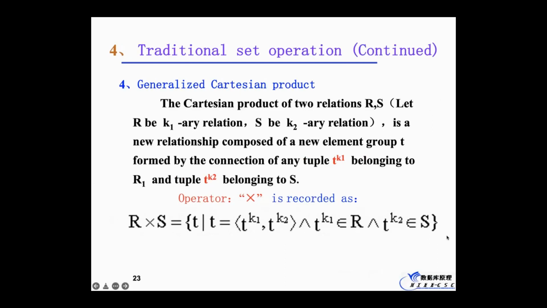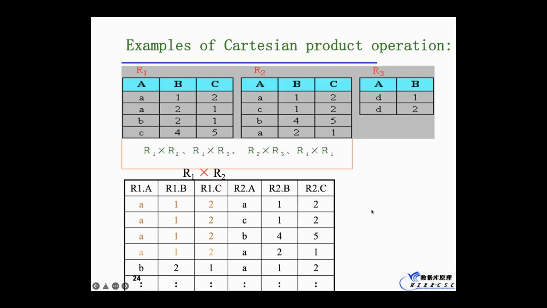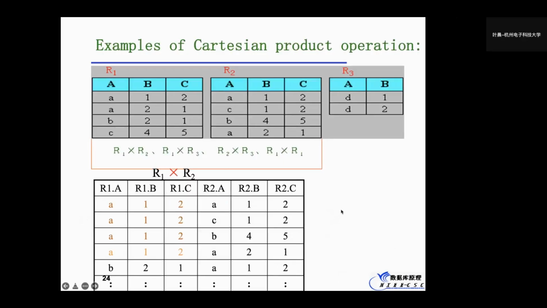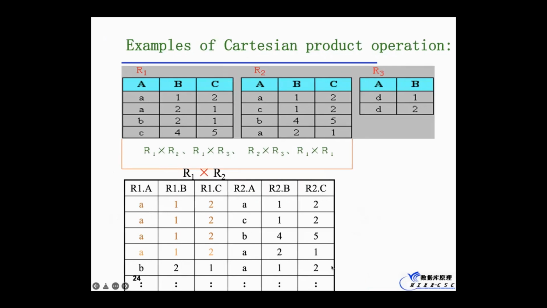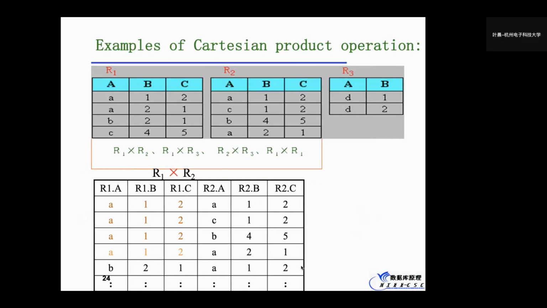So let's see an example. With these three tables, if we make the Cartesian product of R1 with R2, we get these answers. That means every tuple in R1, such as A1, 2, needs to be combined with every tuple in R2.